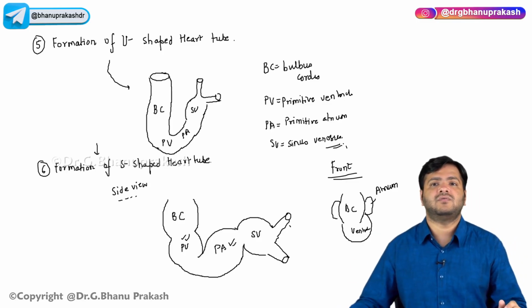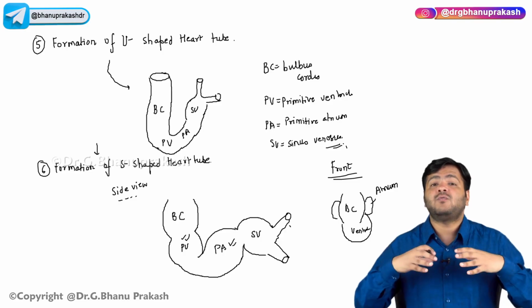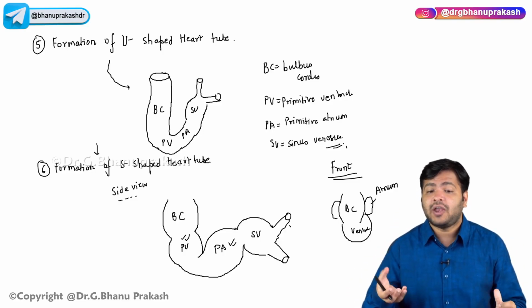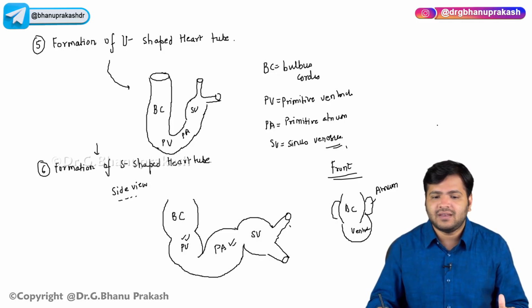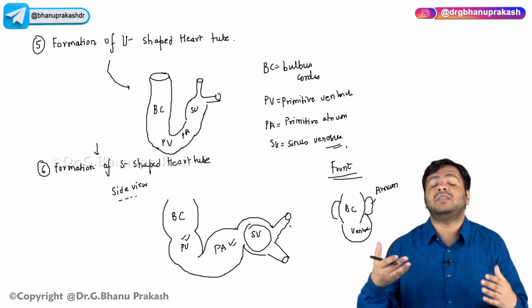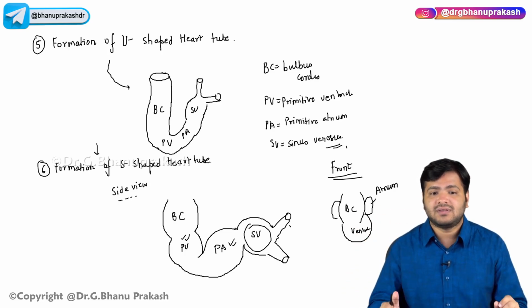So that was about the formation of the U and S-shaped heart tube. That's why the ventricles are in front and the atria are at the back. And the sinus venosus is even behind the atrium, so all the major veins, the superior vena cava and the inferior vena cava, are all behind it. That is how the structure goes on.